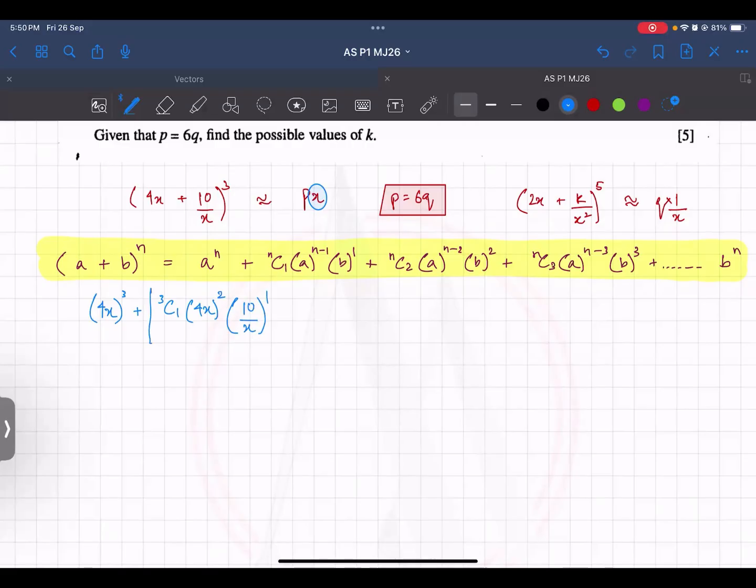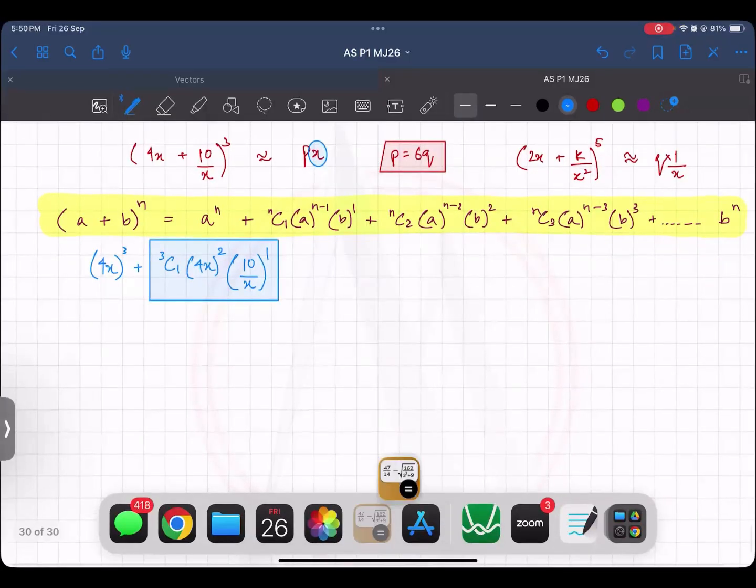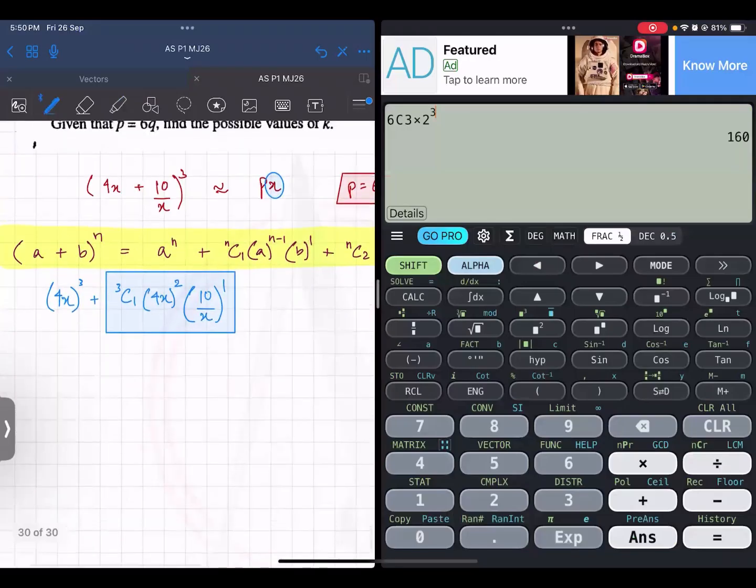So look, this term will get you the x power 1 because 4x square, if you open up the bracket, you will get x square, and the 1 upon x from the second bracket, they both will cancel out. You will get x, the coefficient of x. So the second term is directly getting you this thing. So no need to go through the difficult process.